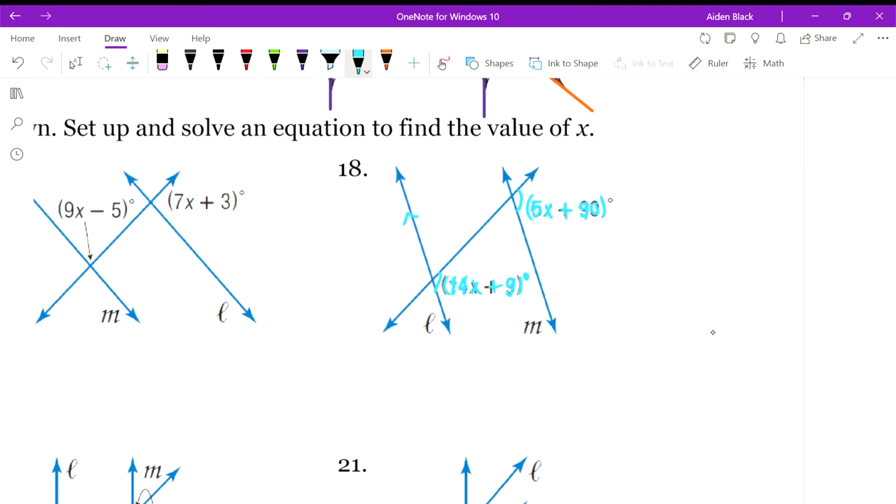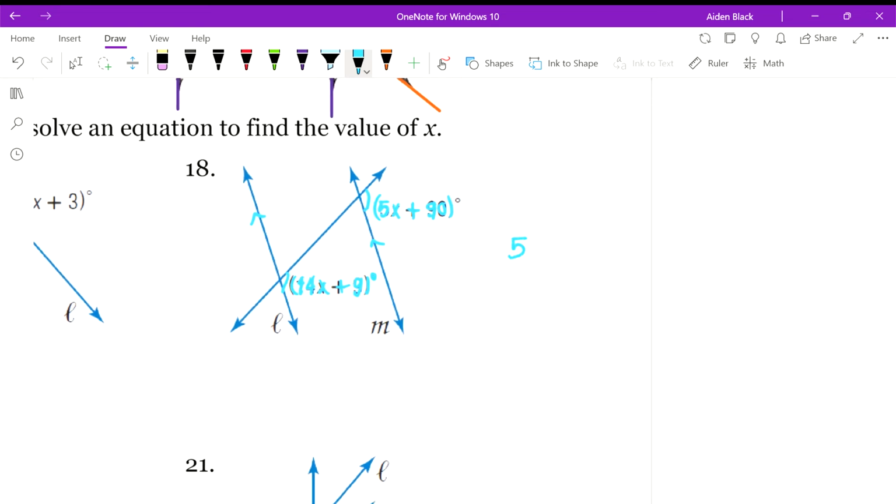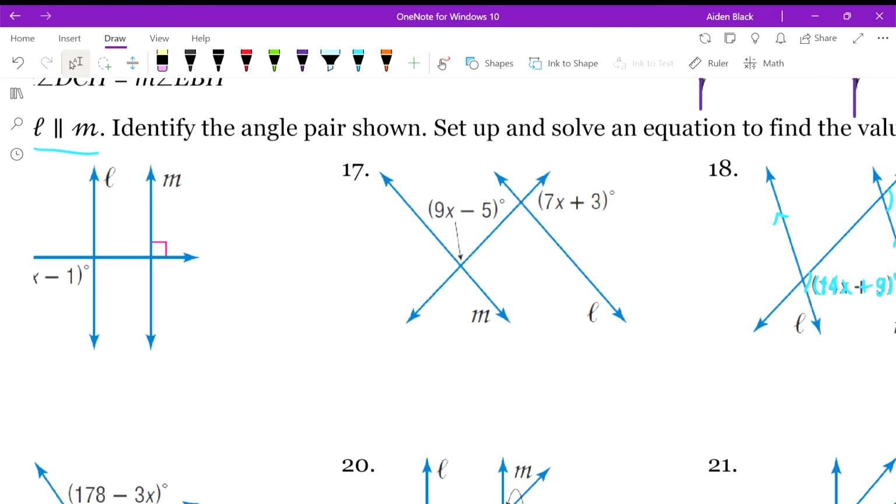So these are parallel, these two lines. So that must mean that these two angles are congruent since they're corresponding. And since they're congruent, we can write the following equation. We should all know how to solve this by now. We get x equals 9.